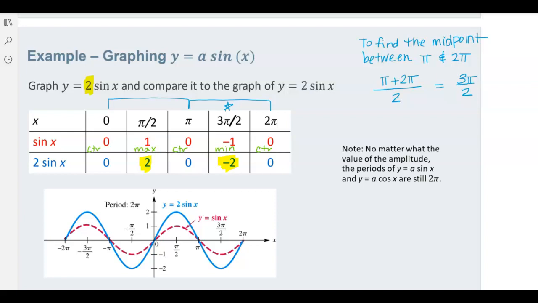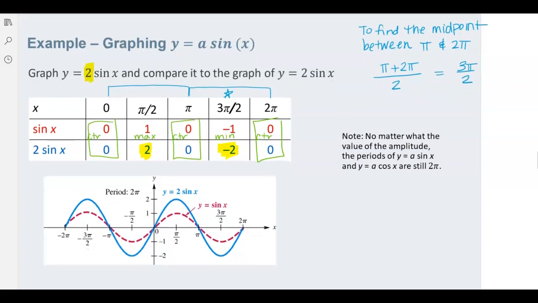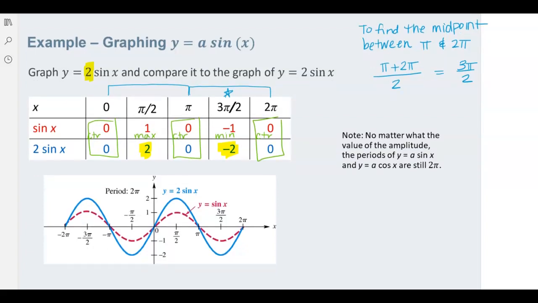Notice that the center points don't change, right? The places where we're at the center stay at 0. They don't change. So the graphs that I have below, the red one is the original graph of sine of x, and the second one is 2 times sine of x. The only places where we have changes are at the max and the min points.